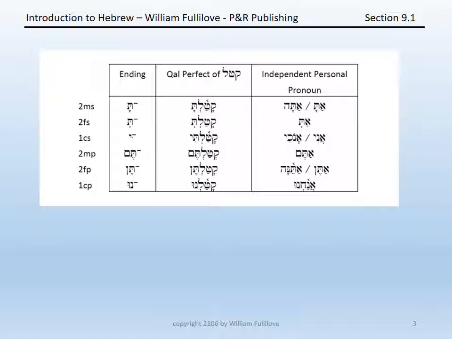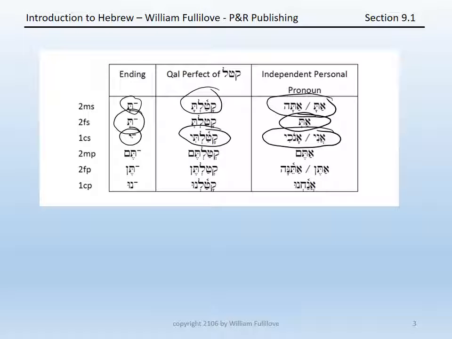The perfect, second masculine singular, katalta, ends in ta, which is very similar to ata in either spelling. The second feminine singular, katalt, ends in a tav with a silent schwa, as does at, the second feminine singular, you, feminine singular.